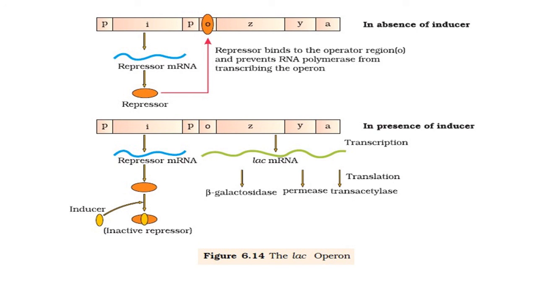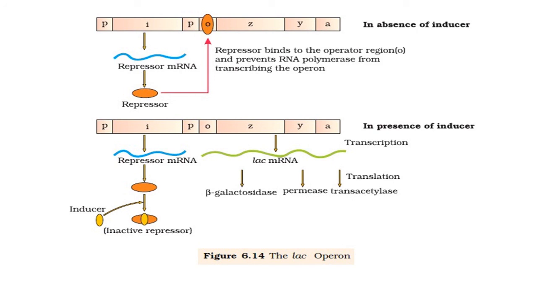In the absence of inducer and in the presence of inducer, what type of change takes place you can see in the first figure. Inducer is not present. The repressor is bound to the operator region and prevents RNA polymerase from transcribing the operon. So, it's one type of switch off condition, but when the inducer is present, the mechanism is different.